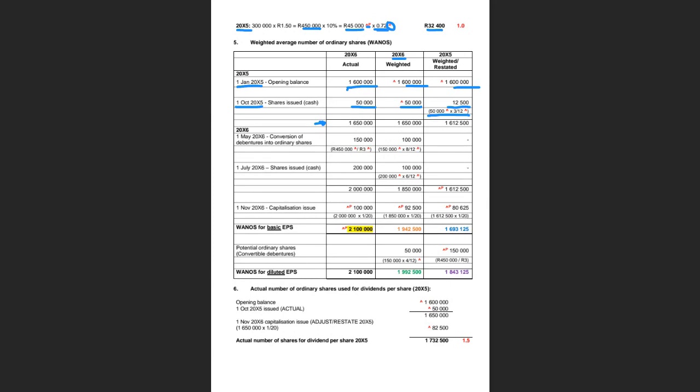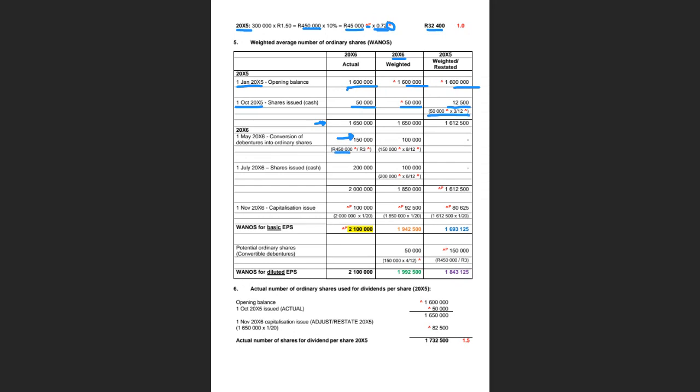Now let's have a look at 2016. So in 2016, we started off the year and in May, when we converted the shares, 4 months into the year, we converted the debentures into ordinary shares. Now look at this 150. That 150 is the 150 we had calculated, right?